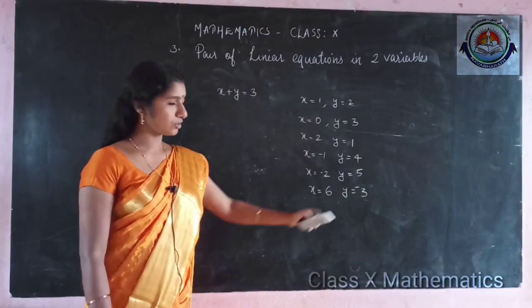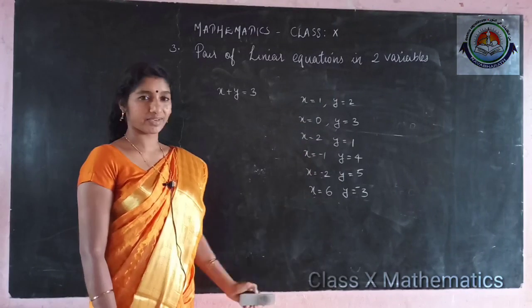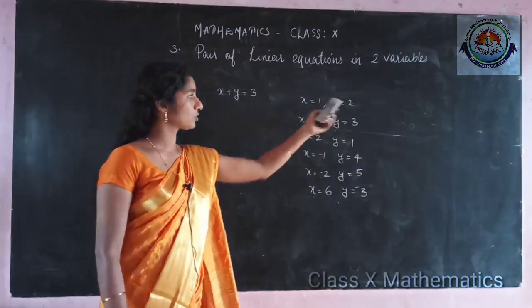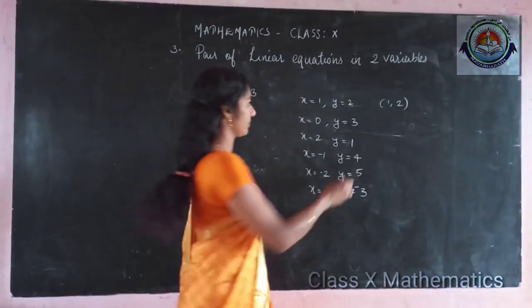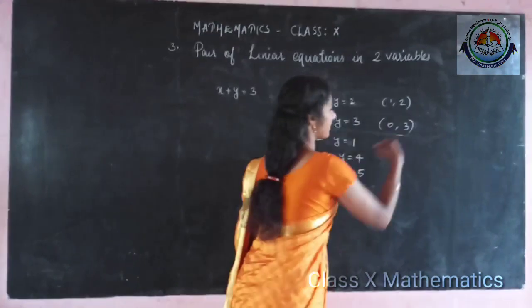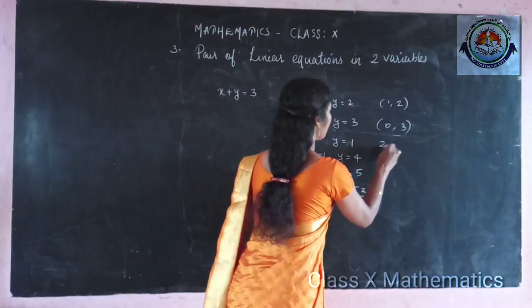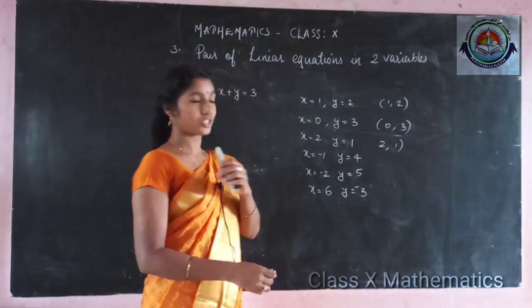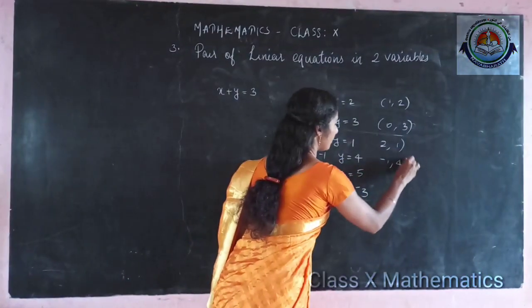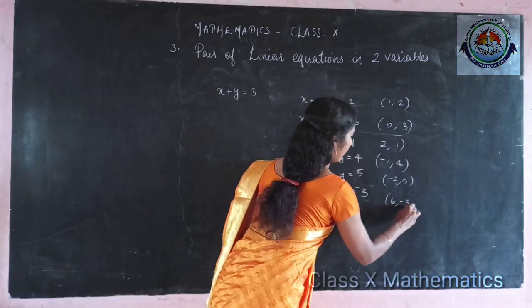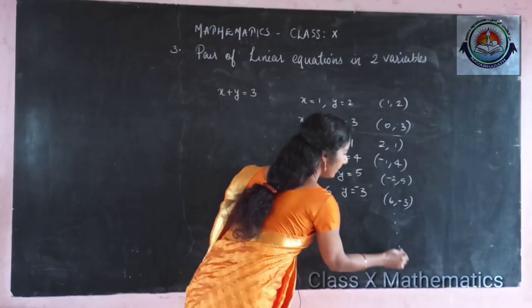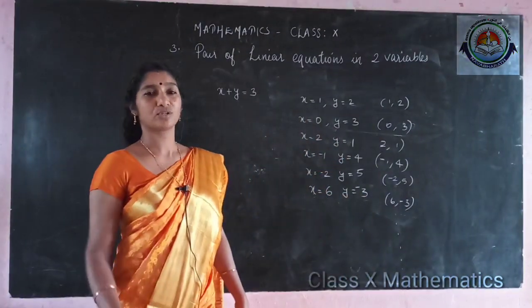See, we got a few solutions, a few points that satisfy this equation. 1, 2 satisfies this equation. 0, 3 satisfies this equation. 2, 1 satisfies this equation. Minus 1, 4, same way. Minus 2, 5 and 6, minus 3. We will get so many solutions.